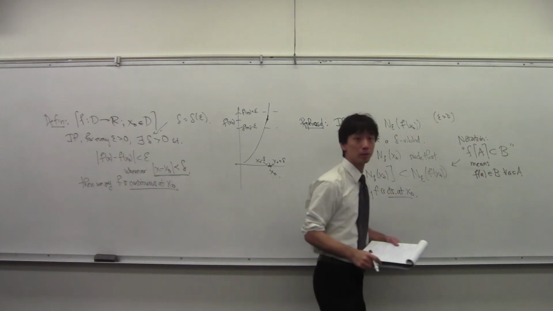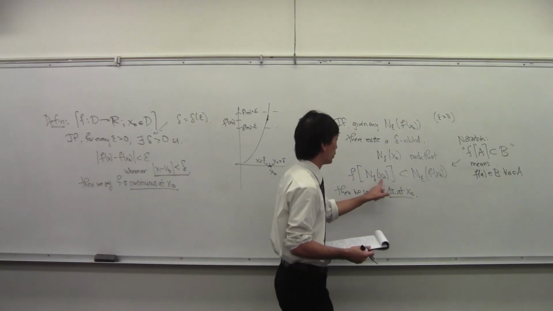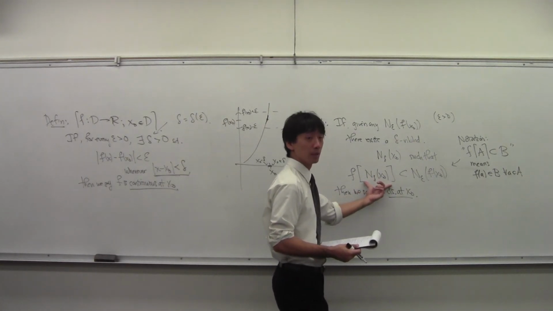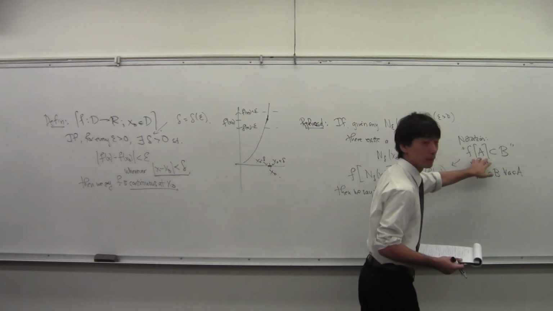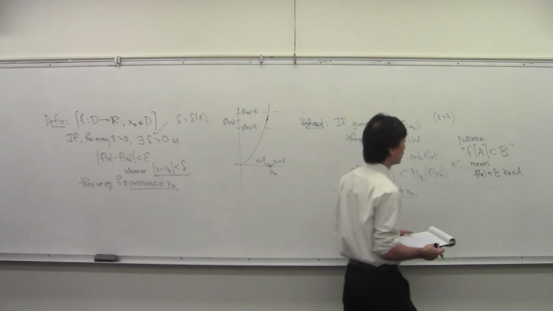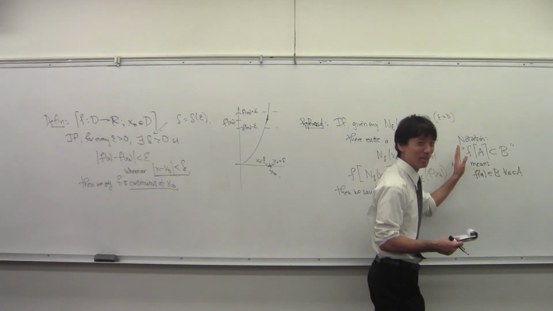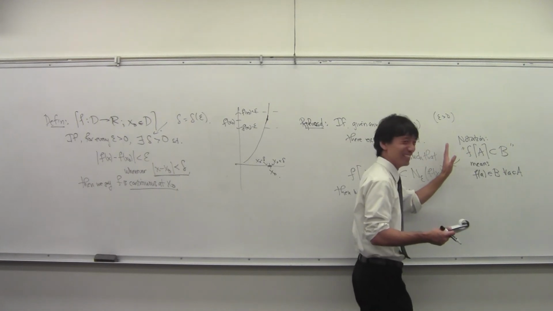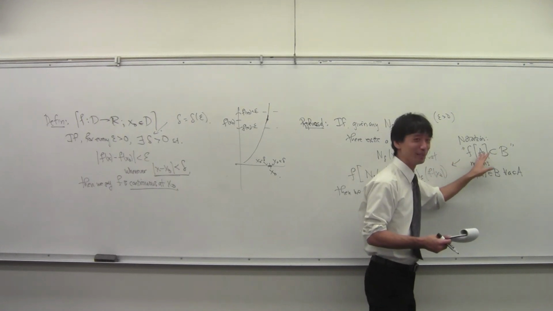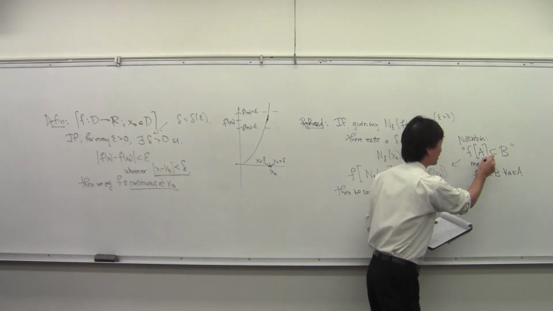Are those the same type of brackets? No, these are parentheses, these are brackets. What about for f of A? This is a bracket, the same thing as this one over here. It doesn't have the bottom part. Please forgive me, sometimes I'll write it and it may not have the bottom part.